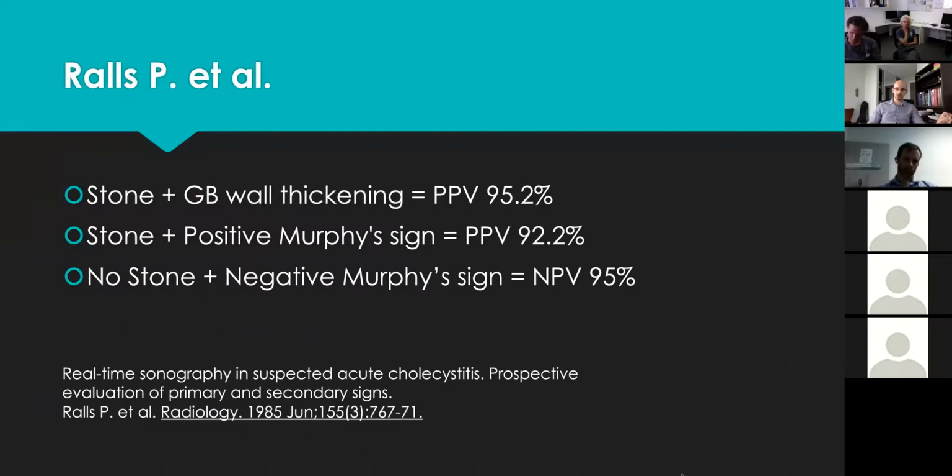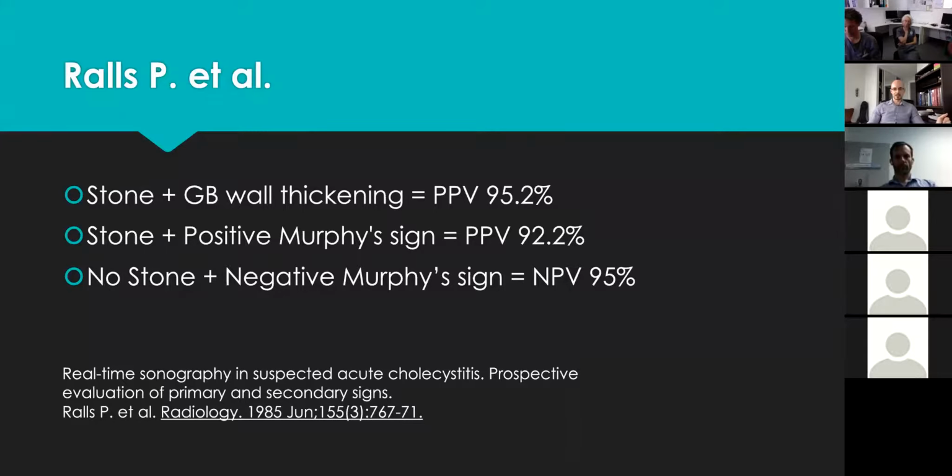Now, there are some studies showing positive predictive value and negative predictive value for the combination of these. I really doubt they would get into these sorts of details with your exam, but the information is there if you want it, on combining different findings and what the positive and negative predictive values would be. Generally speaking, if there's no stone and the patient doesn't have any tenderness over the gallbladder, it's a very good sign that makes it extremely unlikely for the patient to have cholecystitis.